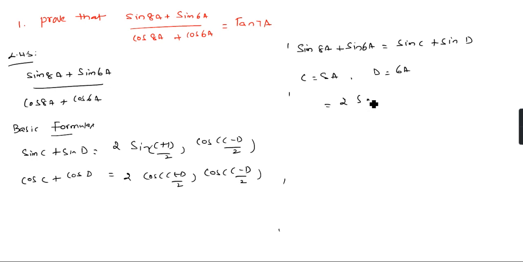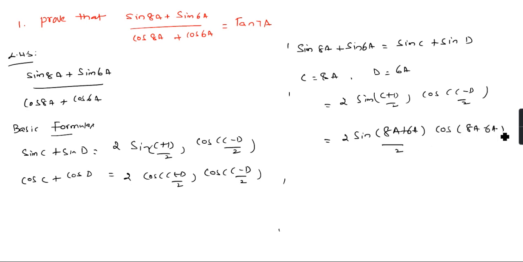The formula is 2 sin((c + d)/2) cos((c - d)/2). Substituting, we get 2 sin((8a + 6a)/2) cos((8a - 6a)/2). 14a by 2 is 7a, and 2a by 2 is a. We take this as 1 and this as 2.